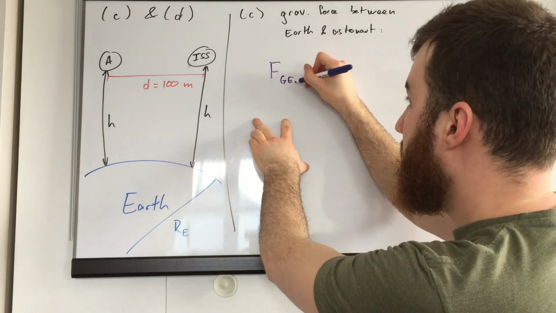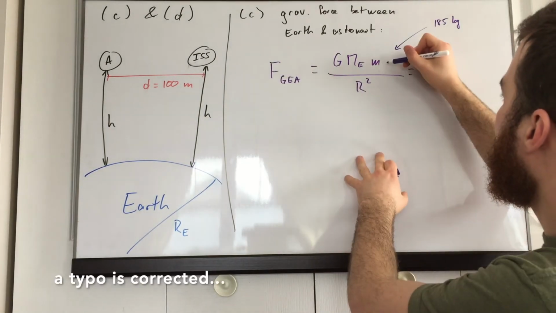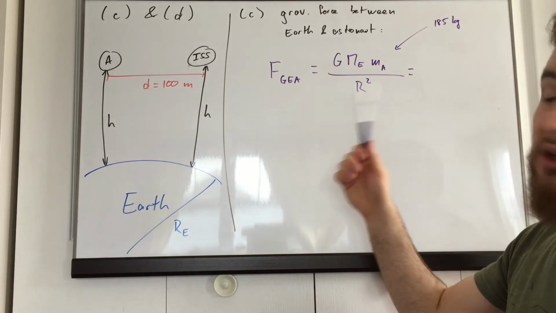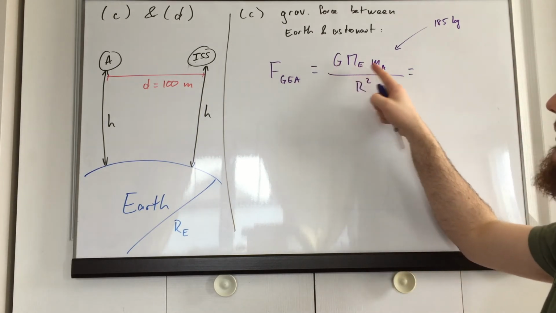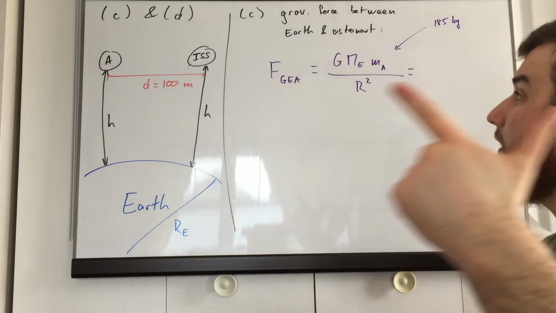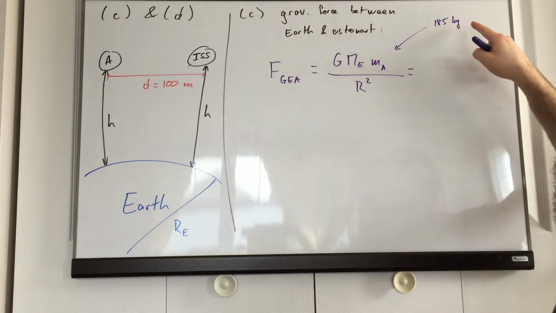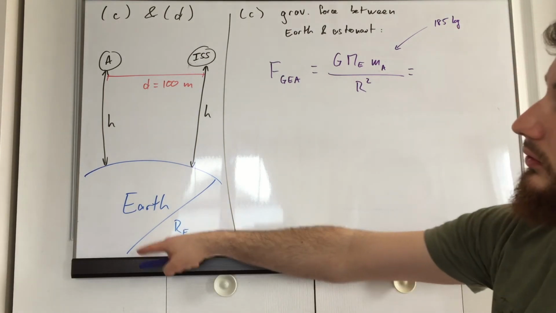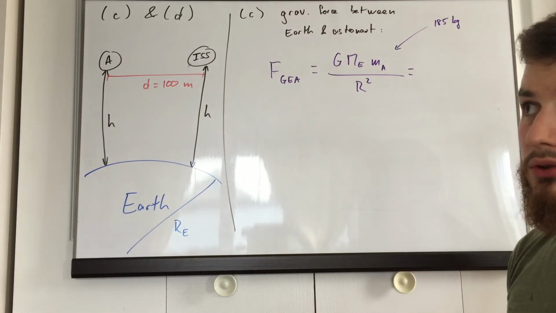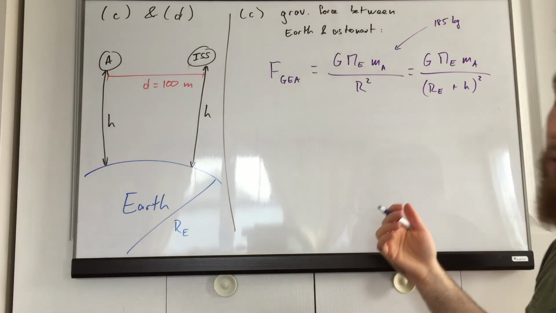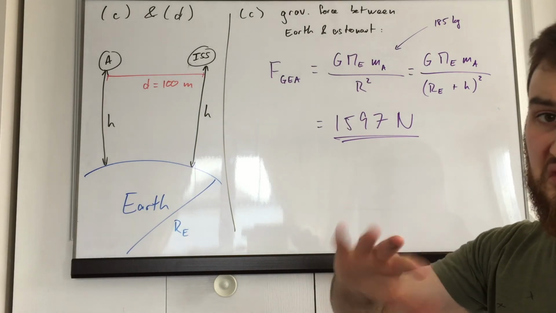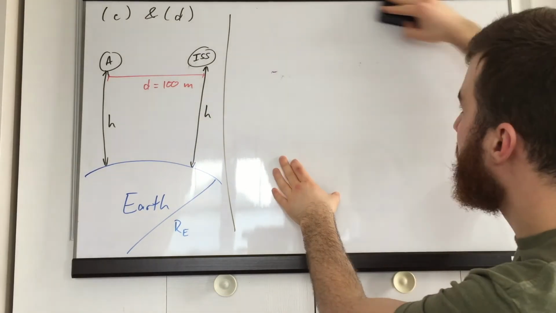So the gravitational force between the Earth and the astronaut is G M_E m_A over r squared, where M_E is the mass of the Earth, we know, m_A is the mass of the astronaut, we're given it, big R is the center-to-center distance, R_E plus h, and G is the gravitational constant. Plug in your numbers, and you get 1,597 newtons. I'll erase and go for part D.